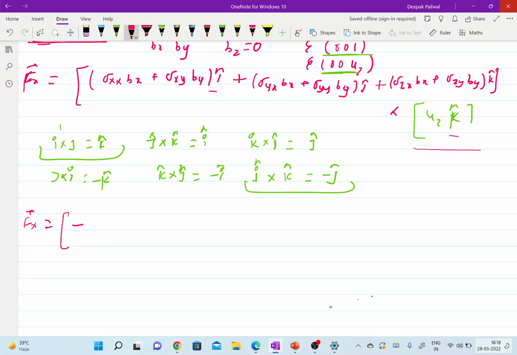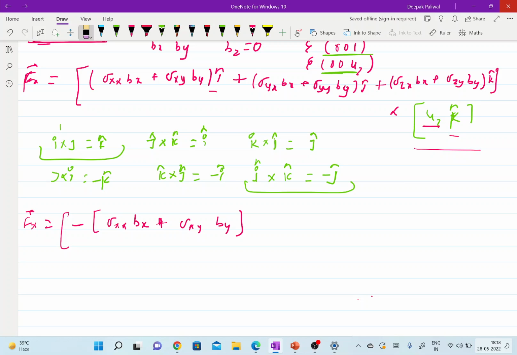Okay, so let us multiply, this I cross k will be minus jk, so we have minus here, and again multiply sigma xx px, sigma xy by uz cross uz, and this is 1, so we can write it 1 only. I'm not writing uz because we have already assumed this is 1 only.